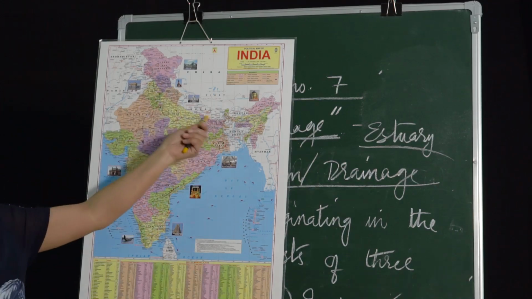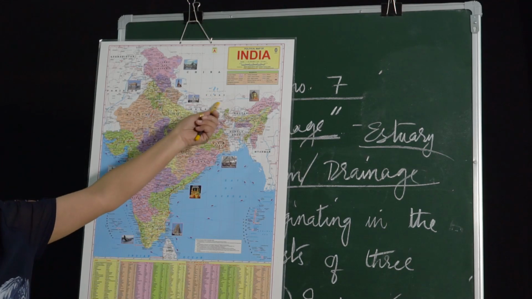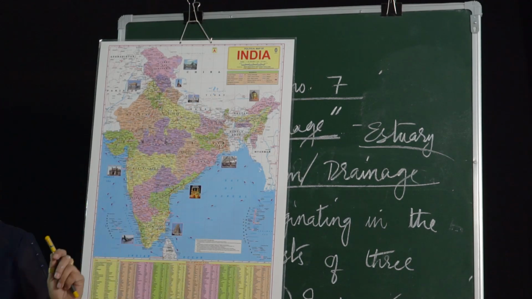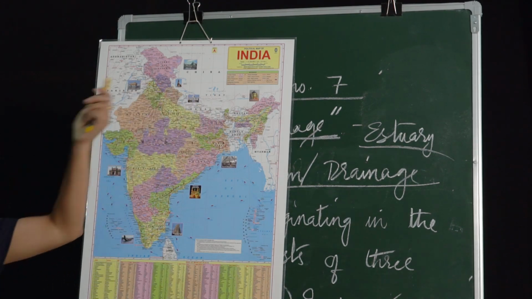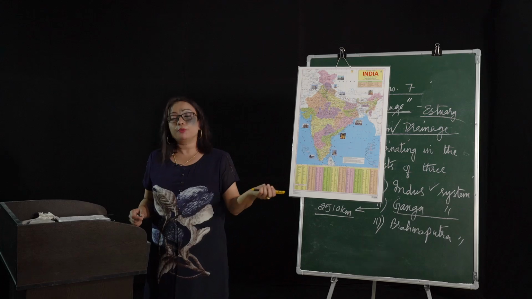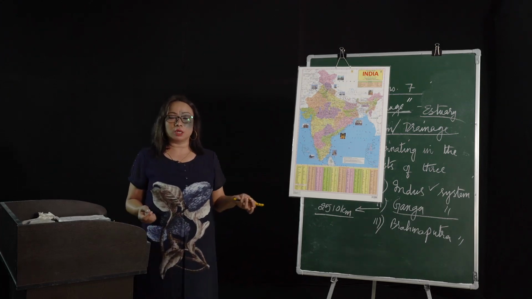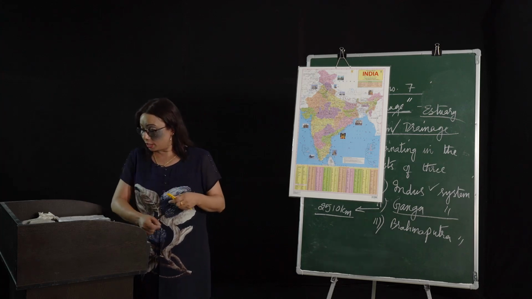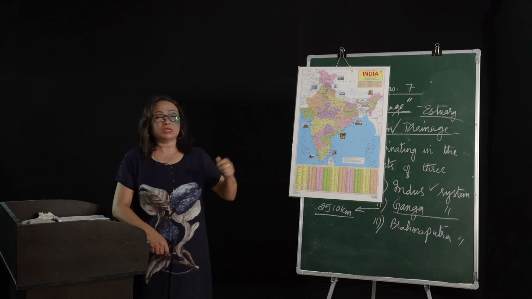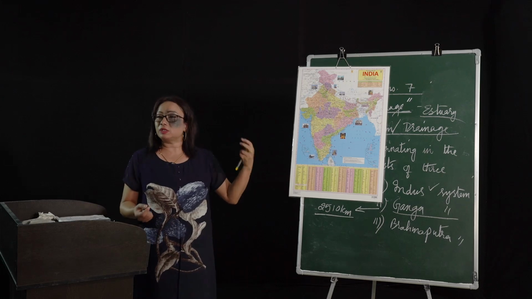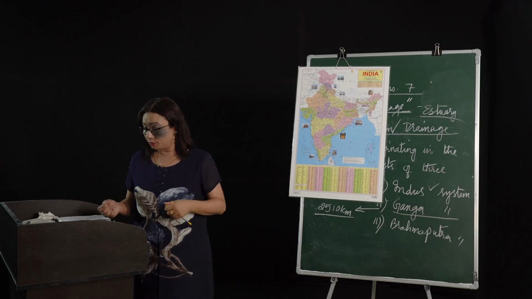As the Brahmaputra flows in Tibet, you can see here, it is called Sangpo, and Sangpo means purifier. The river water is taken as a purifier, it purifies. It gets the name Sangpo from the Tsang province of Tibet.